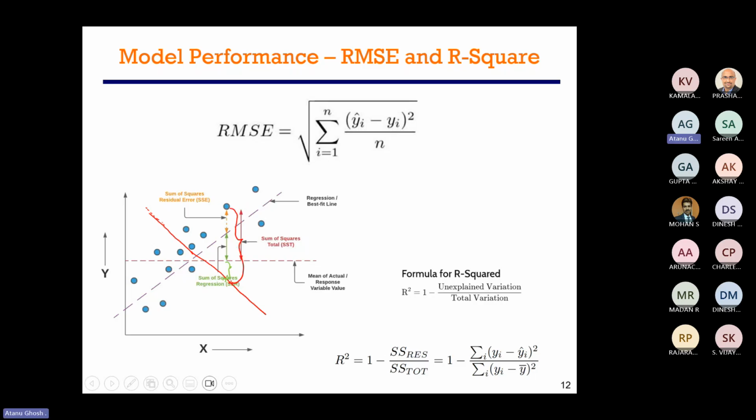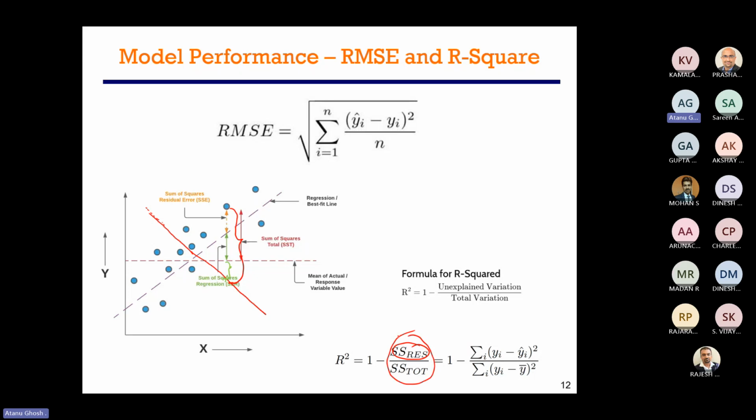The red part will be bigger than the green part. So SS residual, the sum of square residual, will be higher than SS total, the sum of square total. So this ratio will be greater than 1, and in that case R square theoretically can be negative. It's just for theoretical understanding, nothing related to practice as such. But from a theoretical perspective, yes, it is possible.